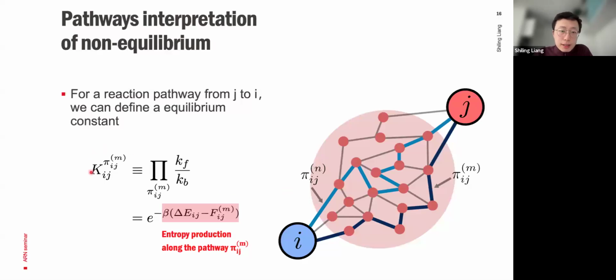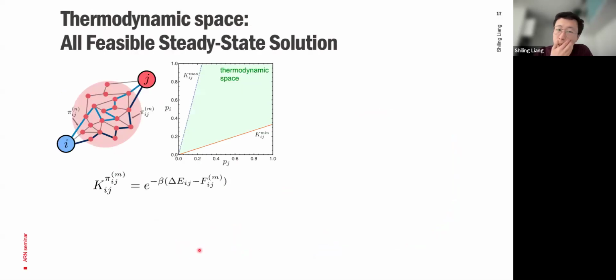And this equilibrium constant, according to a local detailed balance condition, is determined by the entropy production along the pathway, which is given by the energy difference between the initial and final state, and also the driving force along the pathway. So for every pathway, we can find an equilibrium constant, which is related to its thermodynamic property. And the final stationary state should also be a consequence of the competition of all possible pathways between these two states.